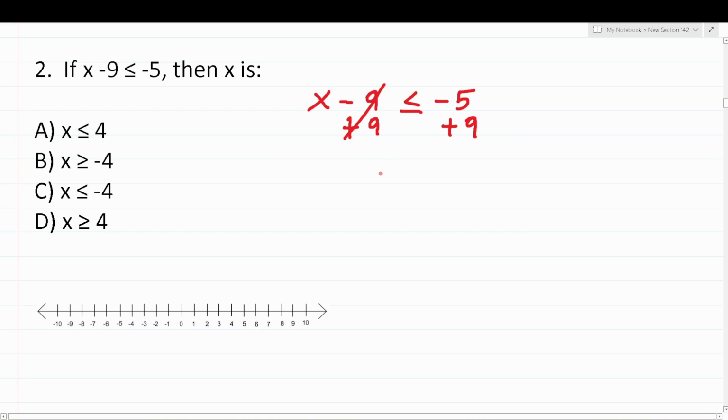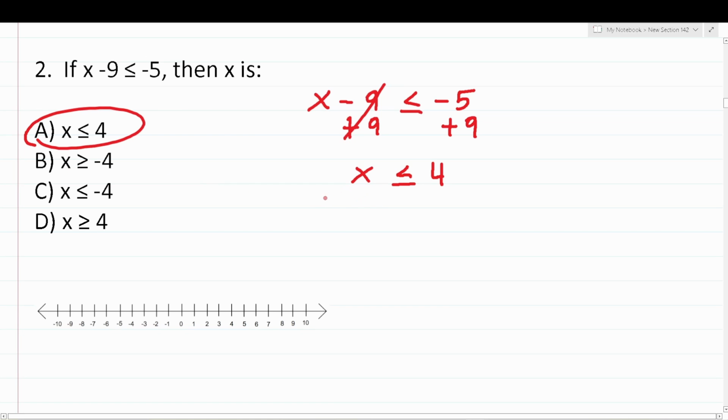In doing so, that crosses out, leaving us with just x on this side of the inequality. And we're not going to change the direction of our sign since we just added across the inequality sign. -5 plus 9 is 4. All right, so the solution to this one is x is less than or equal to 4. And we can see that that is answer choice A again.